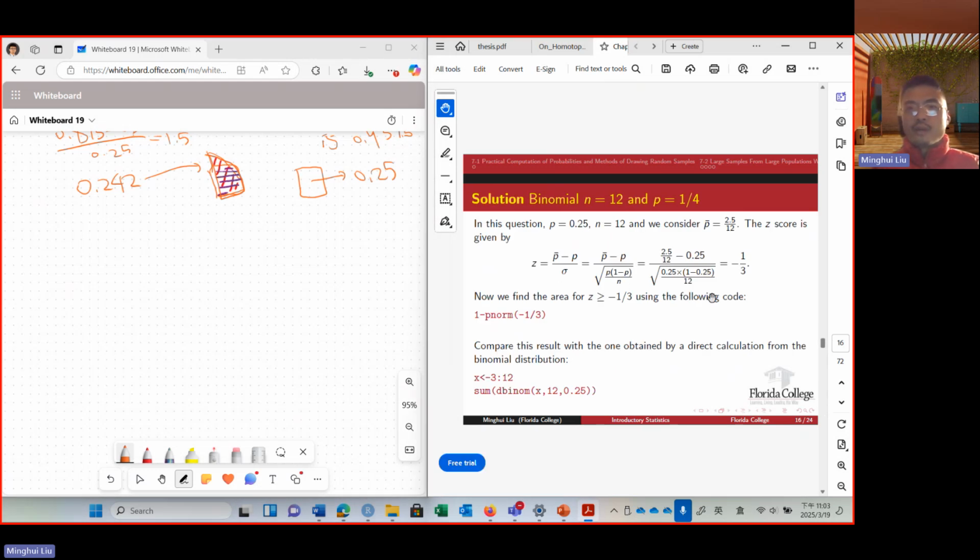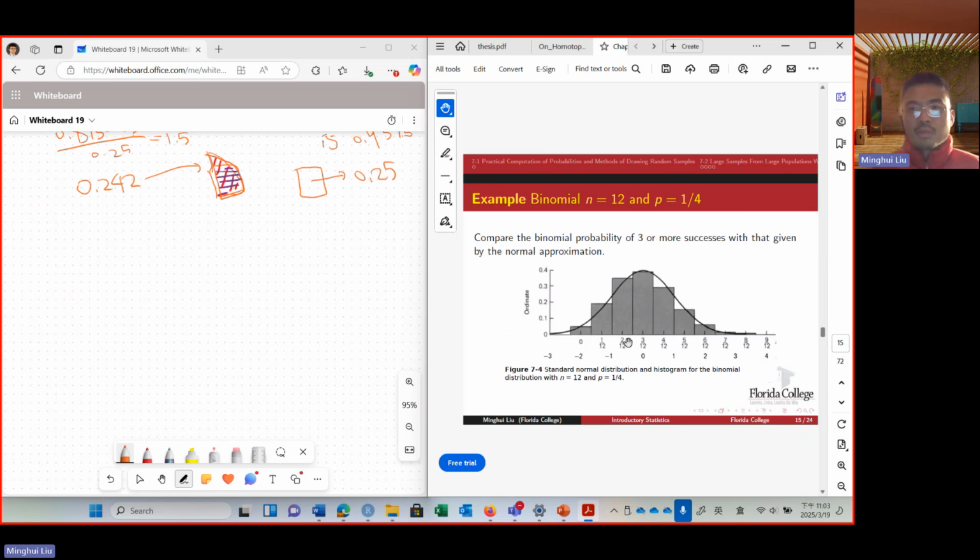First of all, in this question, p is 0.25 and n equals 12. And we want to consider the p bar value 2.5 over 12, because if you want to say 3 or more, you see here, this vertical bar actually starts from this middle line, which is 2.5.